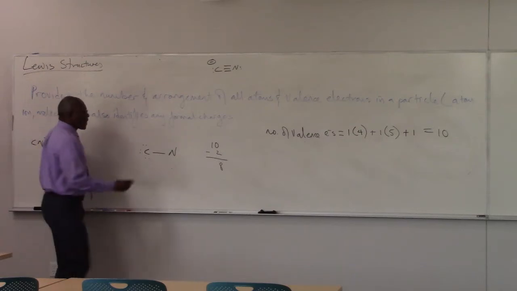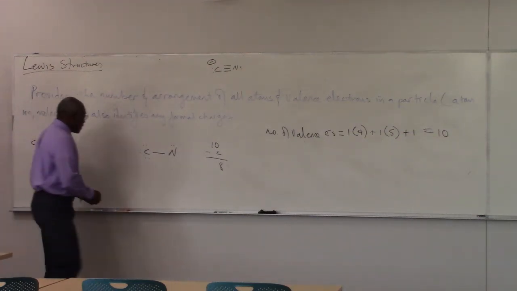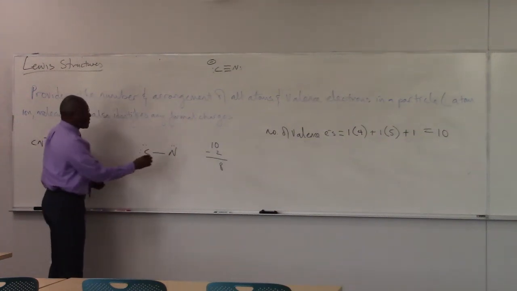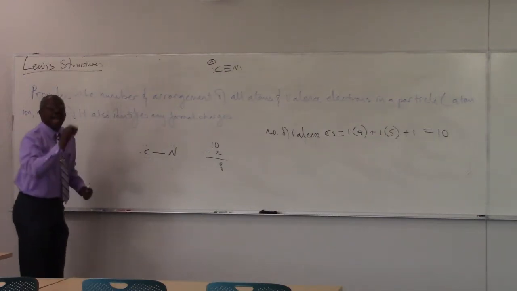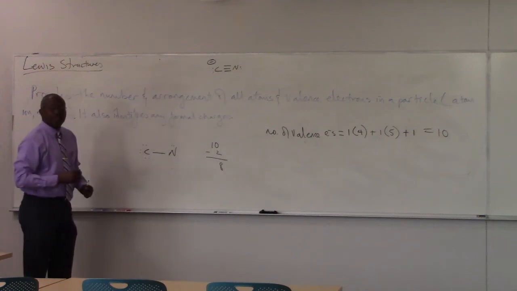That's an octet. And I'll have 2 now on the nitrogen. So that gives me the number and arrangement of all the atoms, the number 2, 4, 6, 8, 10, and an arrangement of all the valence electrons.